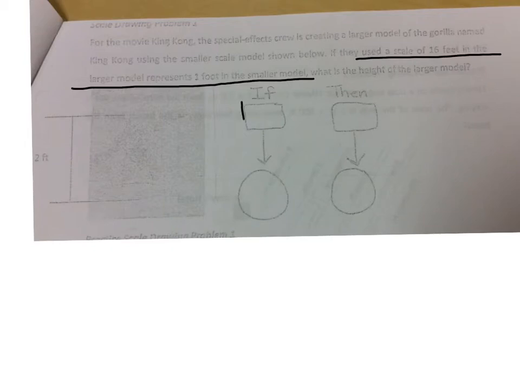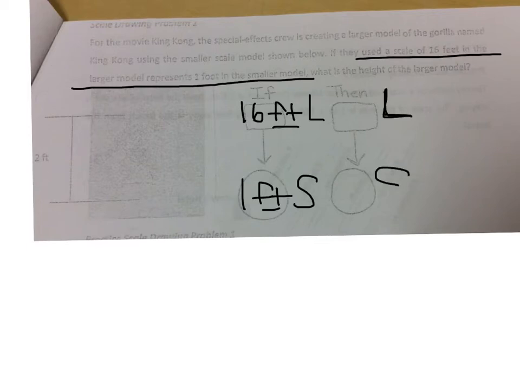So you're going to go 16 feet, but we're going to be more descriptive than just feet. 16 feet in the larger model represents 1 foot in the smaller, so I'm going to put an S there for smaller. The reason I'm being really picky on that is because when I have feet on both top and bottom, that doesn't help me know where the other number goes. But if I know the top is talking about the larger model and the bottom is talking about the smaller model, that makes it much easier.